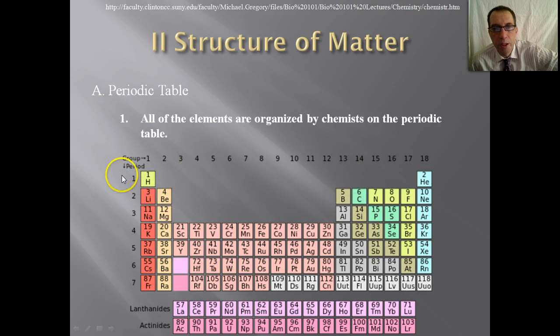And there's a lot of information to be gathered from this table. It's organized in a very methodical way that allows us to predict the different chemical qualities of different elements. So it's a very useful thing, and we won't spend too much time in biology talking about it. We might talk about the numbers as we go along and what they mean, but just on a very superficial, basic level. You'll get more about that in your chemistry classes in 10th or 11th grade.